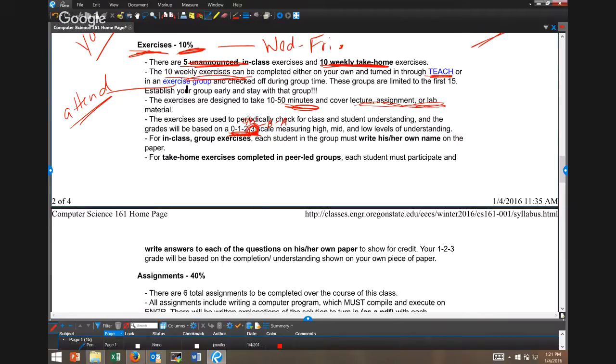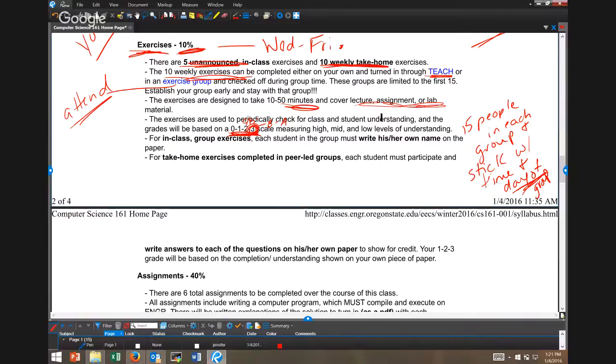We want to limit these exercise groups to be about 15 people in each group, and stick with the same group time and day of group, I should say.